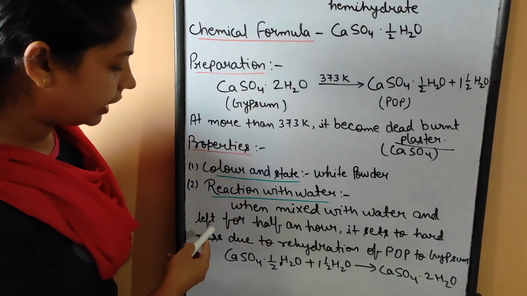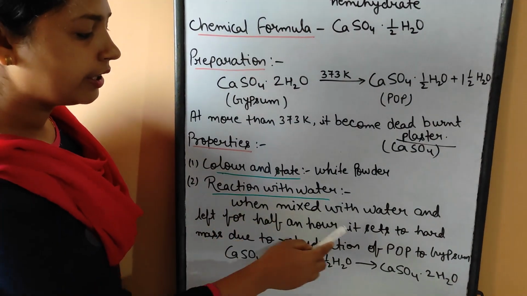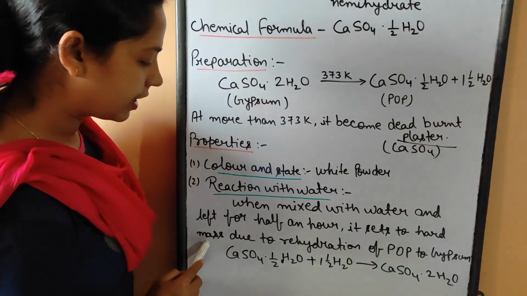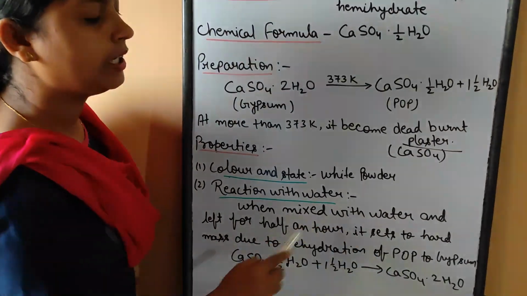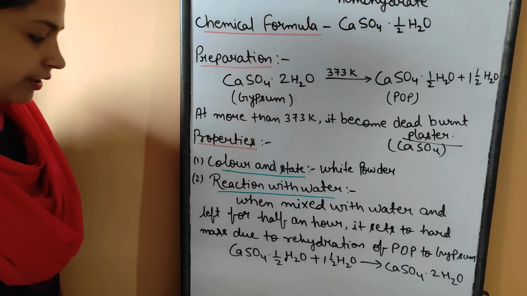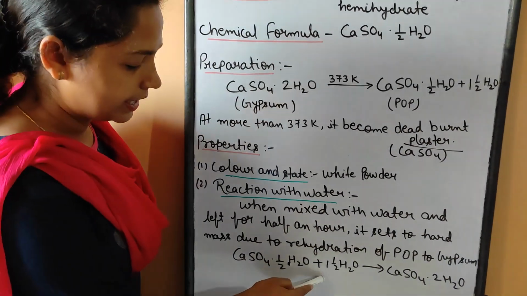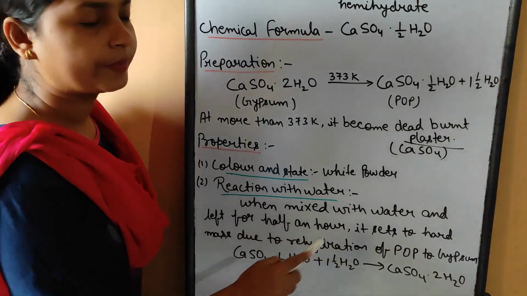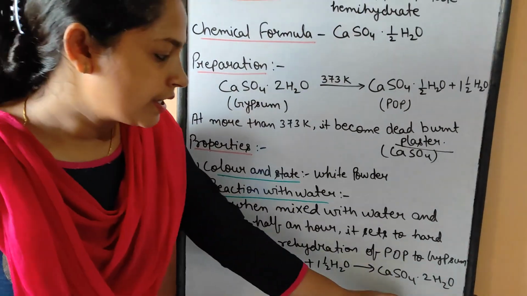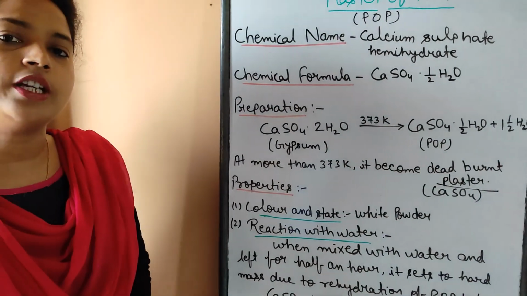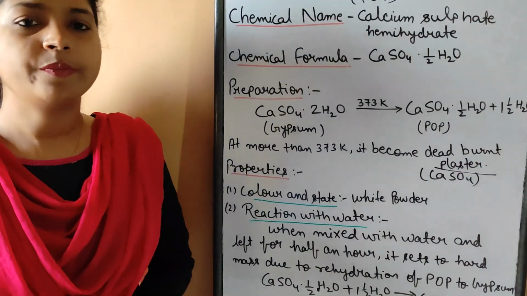When mixed with water and left for half an hour, it sets to a hard mass due to rehydration of POP to gypsum, and the reaction is CaSO4·1/2 H2O plus 3/2 H2O gives CaSO4·2H2O, which is the formula of gypsum.